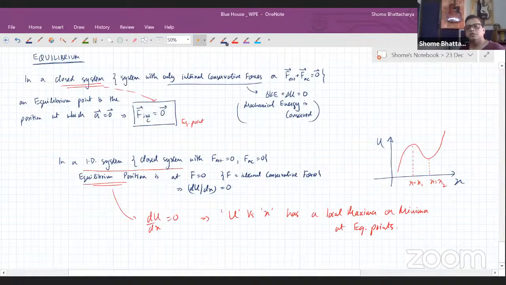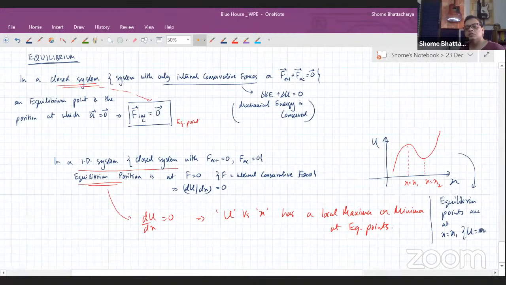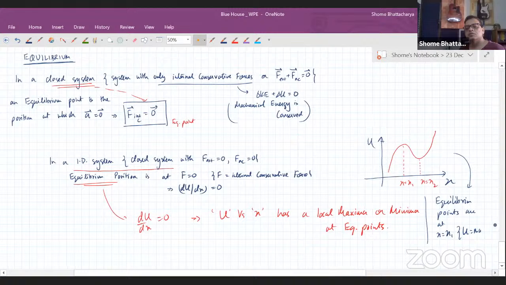So the equilibrium points for this graph are at x equal to x1, where potential energy has maxima, and x equal to x2, where potential energy has minima.